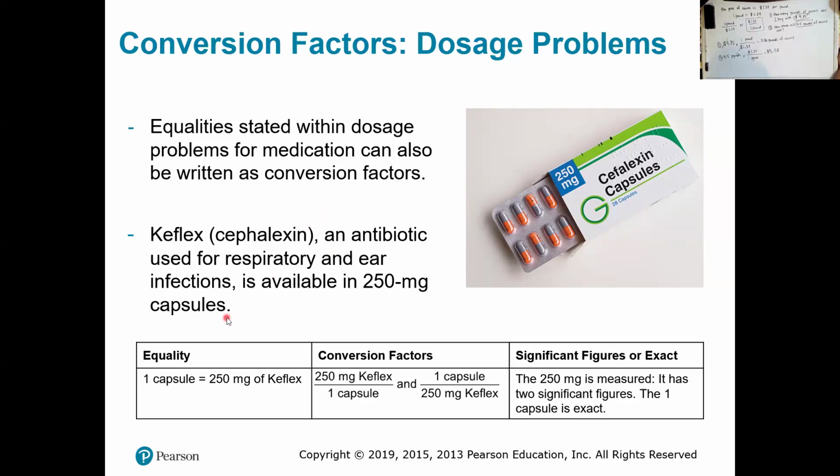And so with that statement, we can write an equality. And the equality is that for every 1 capsule, it's going to equal 250 milligrams of Keflex. And so when we write out our conversion factors, these are the two versions of that equality. One with the milligrams of Keflex on top. The other version would have the milligrams of Keflex on the bottom.